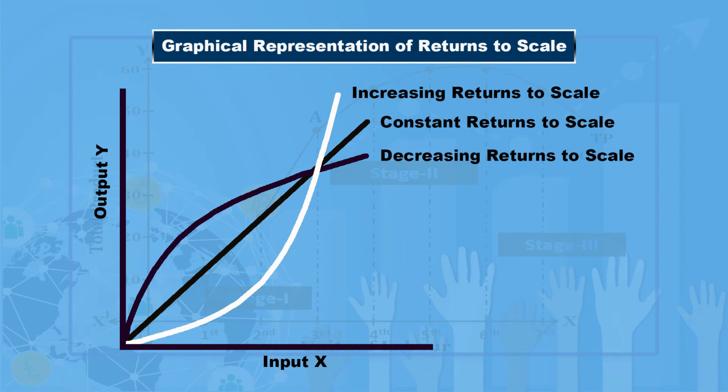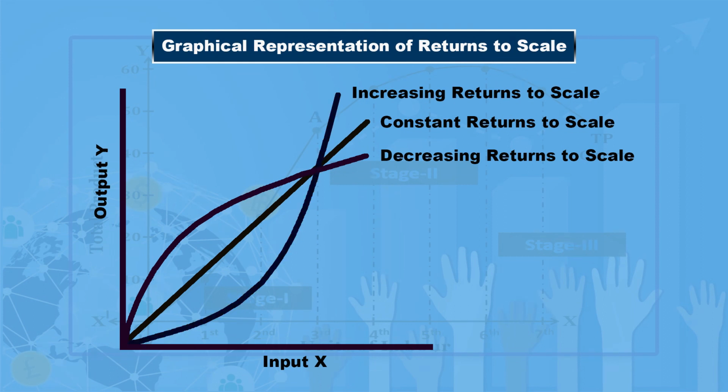That is why the shape of the graph is accordingly. Whereas decreasing returns to scale is giving us a concave shape, because as you increase the inputs, the proportion of output increases but less than the proportion of inputs. So accordingly, all the three graphs.